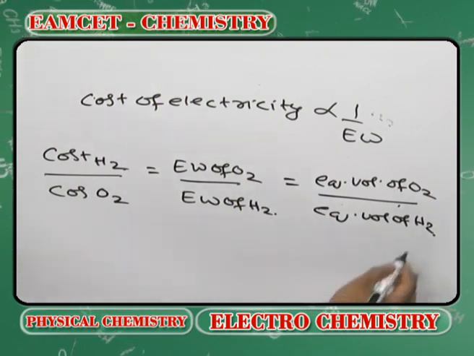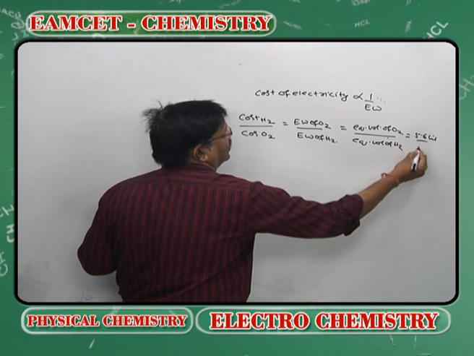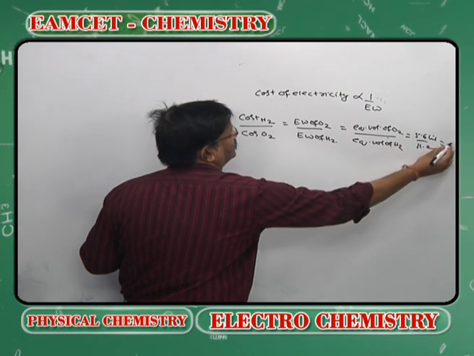What is this ratio? It will be 5.6 liters by 11.2 liters, 1 by 2.